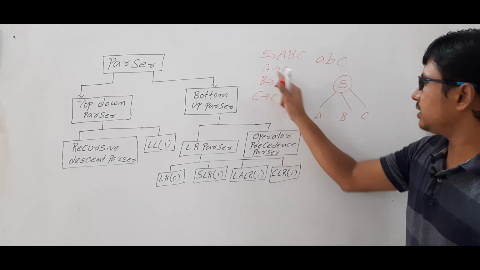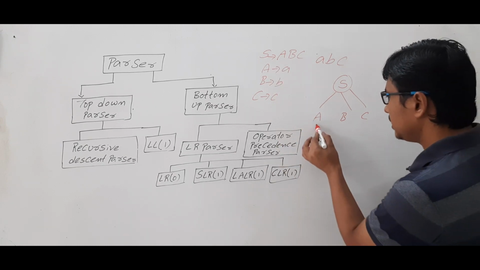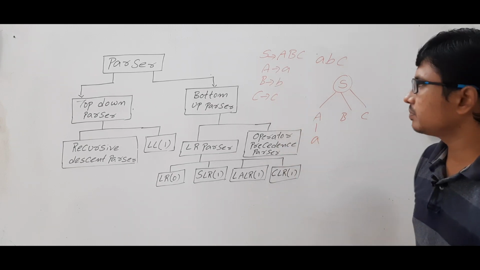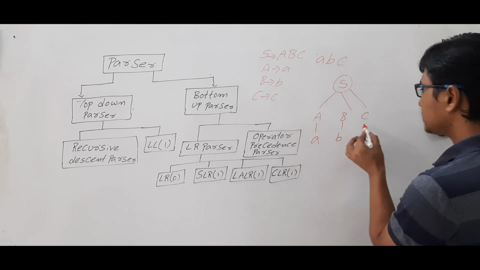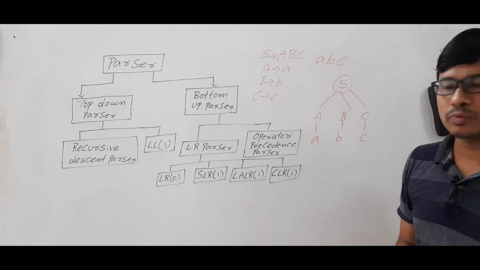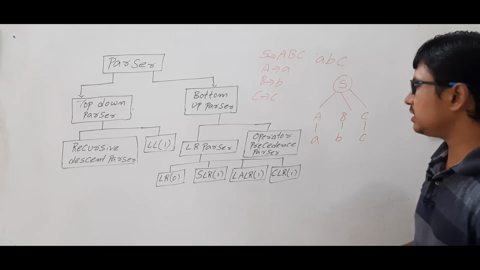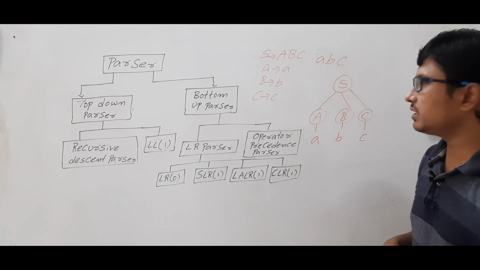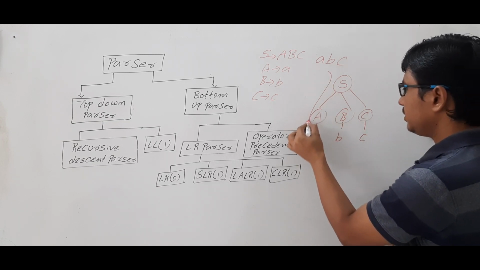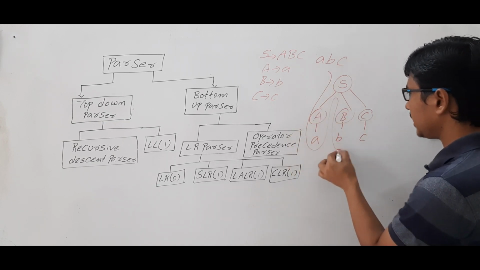Now A is again a non-terminal, it will derive a small a. And B is a non-terminal, it will derive small b. And C is a non-terminal, it will derive the small c. So if you know the yielding of a parse tree, how will the parse tree be yielded? From the root node, it will go from left to right.